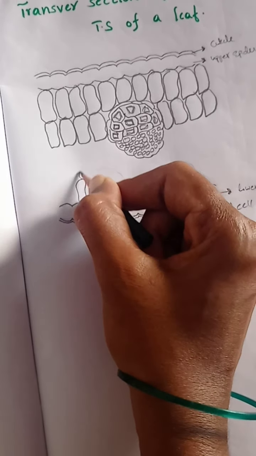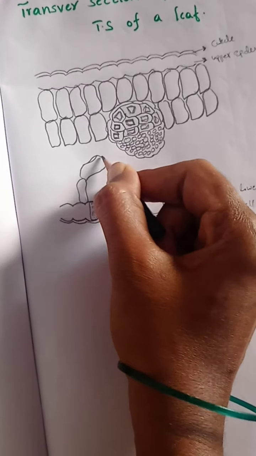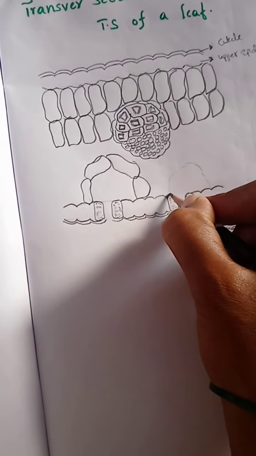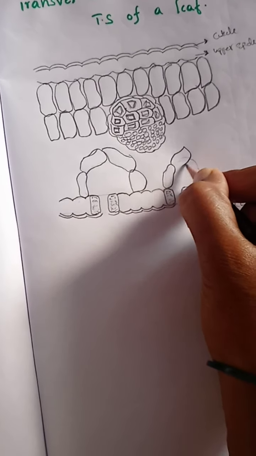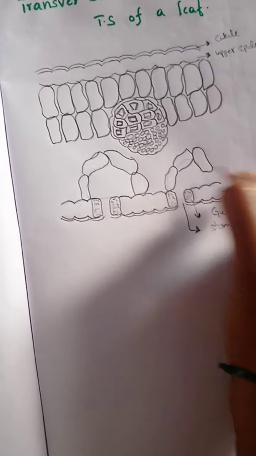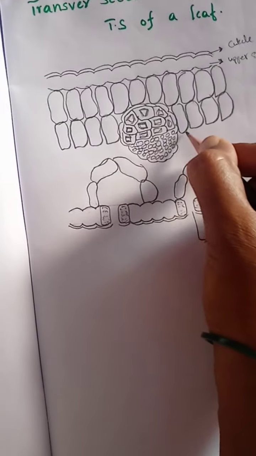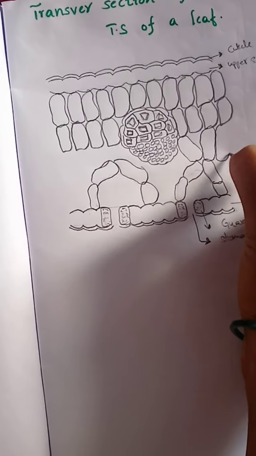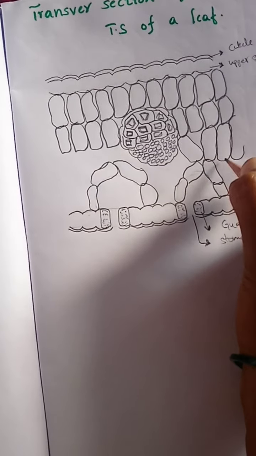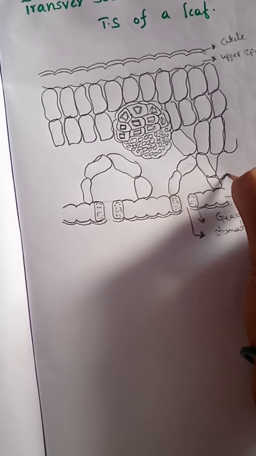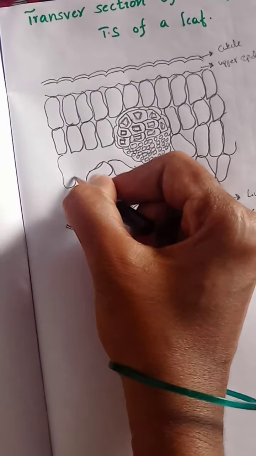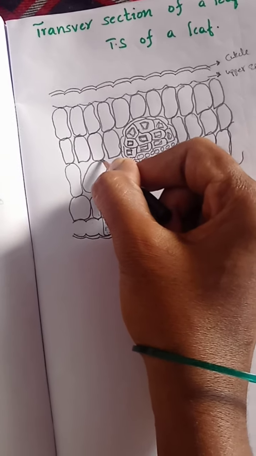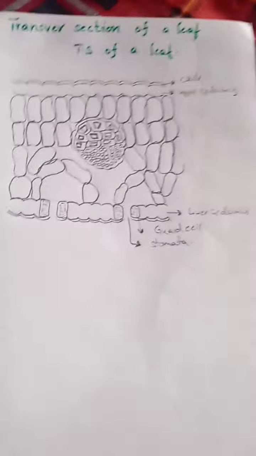It will also be in the same shape only, but we are calling that as spongy parenchyma. Like this. You can draw in the middle of this like this.